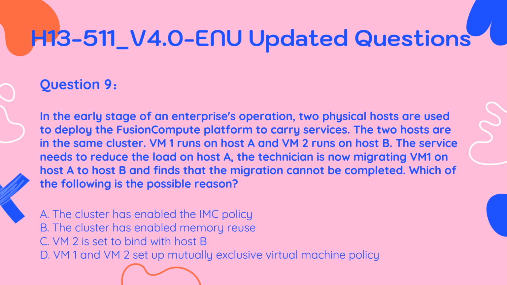Which of the following is the possible reason? A. The cluster has enabled the IMC policy. B. The cluster has enabled memory reuse. C. VM2 is set to bind with host B. D. VM1 and VM2 set up a mutually exclusive virtual machine policy.